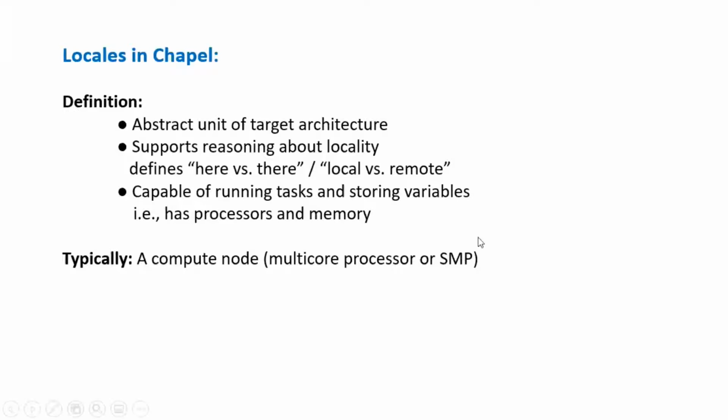It's capable of running tasks and storing variables, so it has processors and memory. In terms of hardware, a locale in Chapel is basically a compute node, with however many CPUs you reserved. It is a compute node, a multicore processor, or an SMP, so a locale is a bunch of CPUs on a single node. Okay.